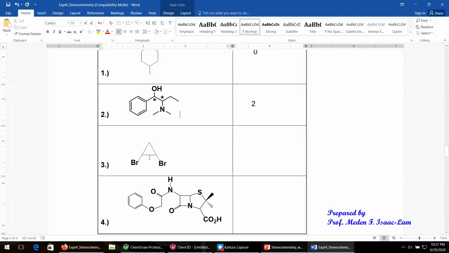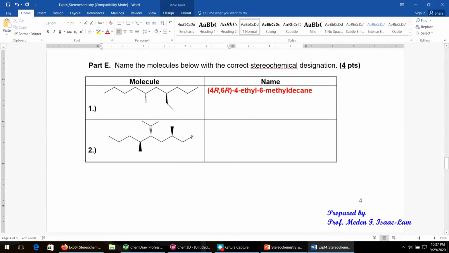So for number 3 and number 4, you are going to do the same thing. Determine the chiral carbons, mark with an asterisk, and then write the number of chiral carbons in the given structure. For part E, you are going to name the molecules with the correct stereochemical designation. So for this example, this has 10 carbons.